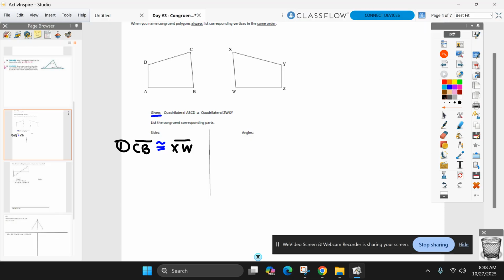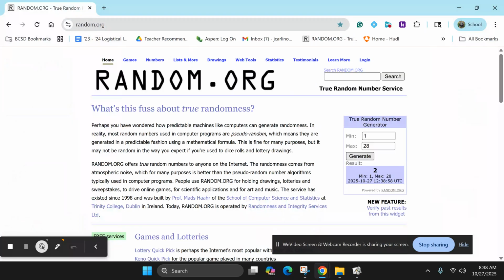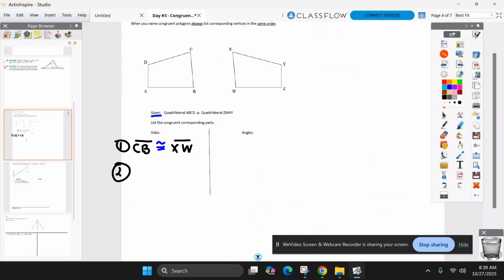Give me another pair that correspond. Another pair. We're doing a nice job. Carmela, what do you have here? I like it. DA matches up, corresponds with YZ. They're also congruent because the figures were congruent.